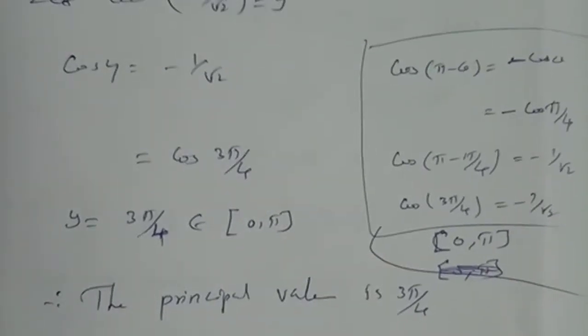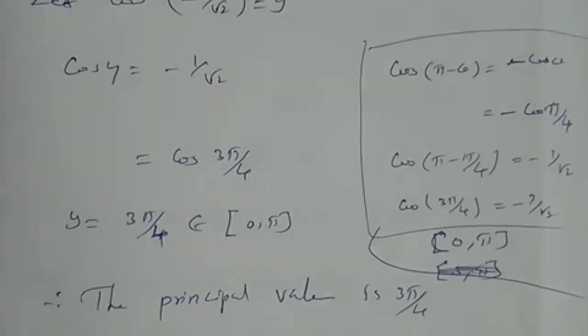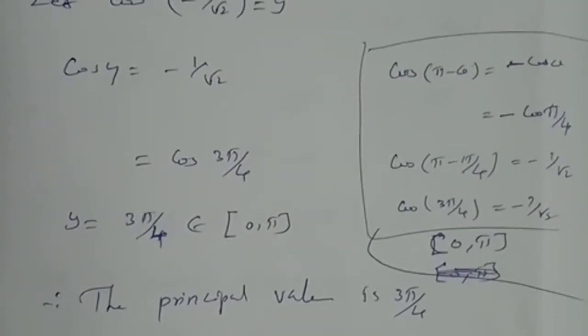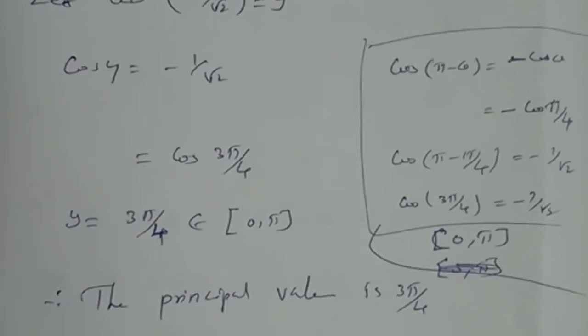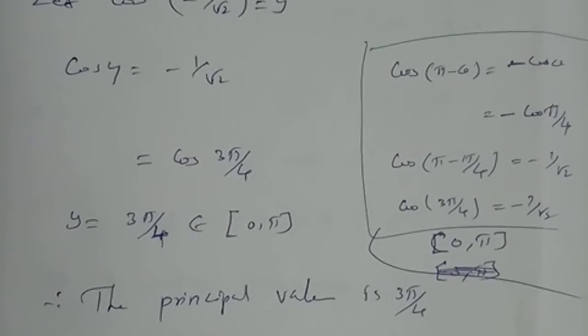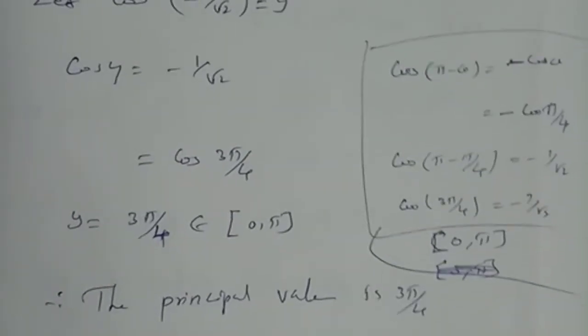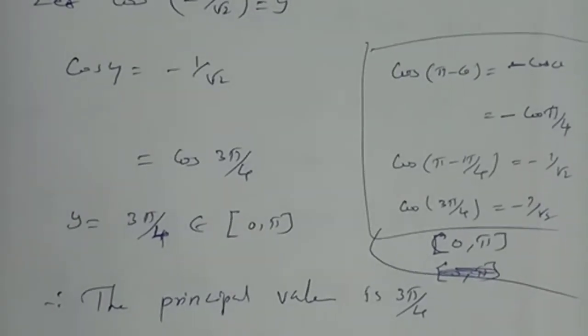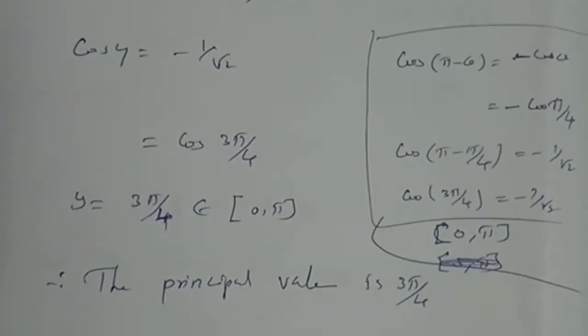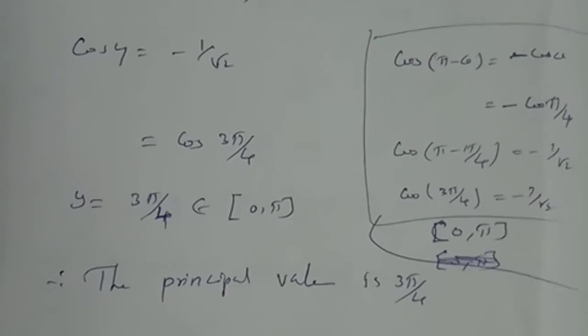This is equal to minus cosecant pi by 4. This is equal to cosecant minus pi by 4. Since cosecant of minus theta equal to minus cosecant theta, so y is equal to minus pi by 4.